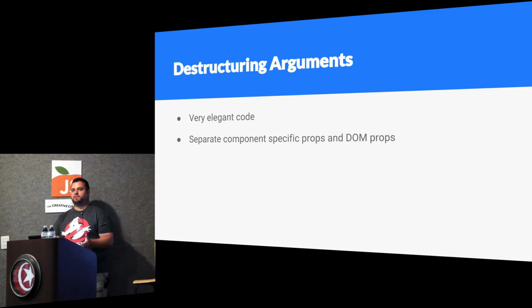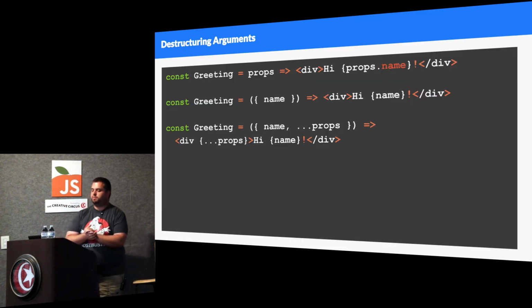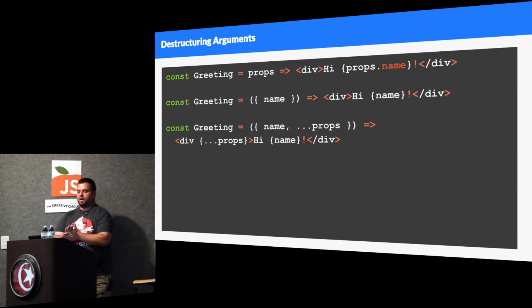What you might recognize this as, though, is something similar to destructuring, which is a very elegant way to bring props into functional, stateless components, which I'll talk to in a second. If we look at the first example, it's bringing in props as a whole, which means that in our return statement, we're going to have a props.name. So we can use the dot syntax to find all the attributes that we're bringing in just as props. It comes in as an object.